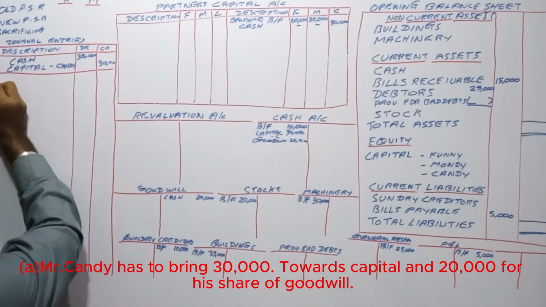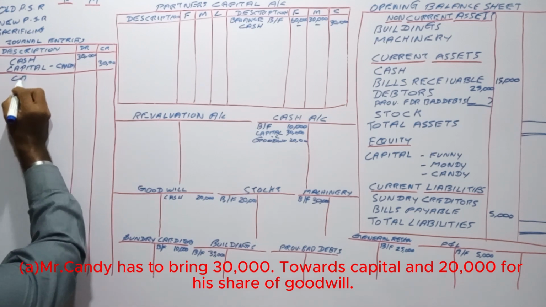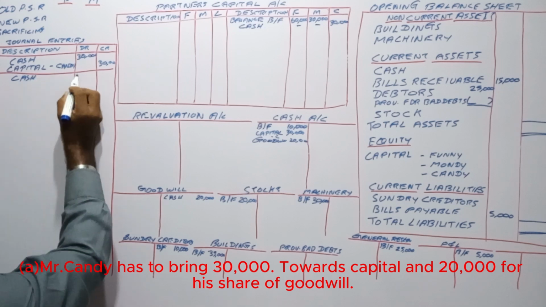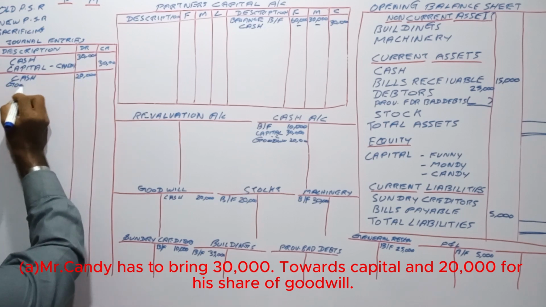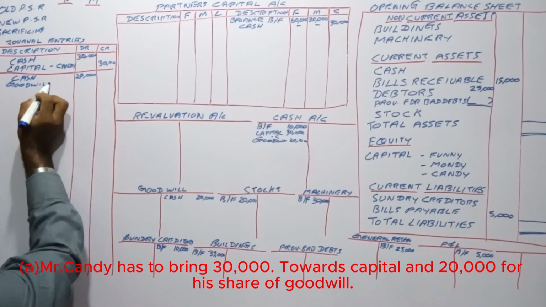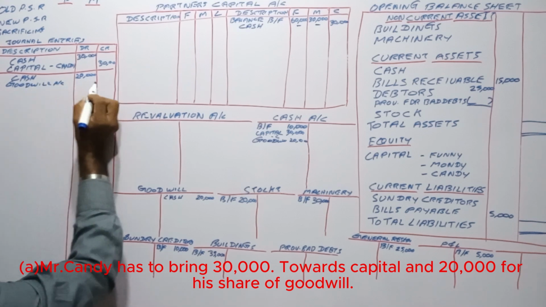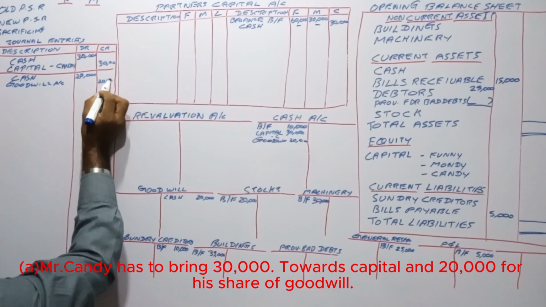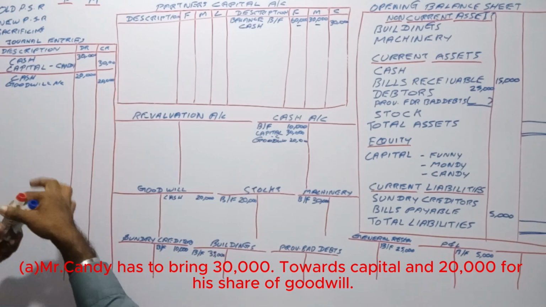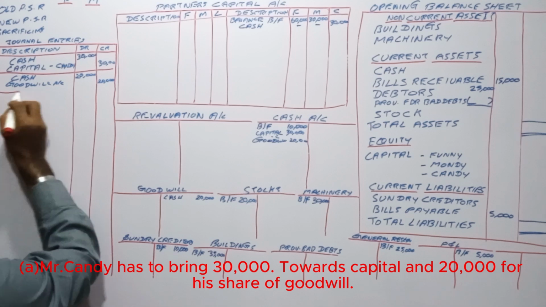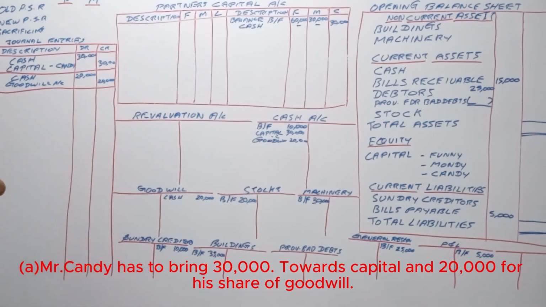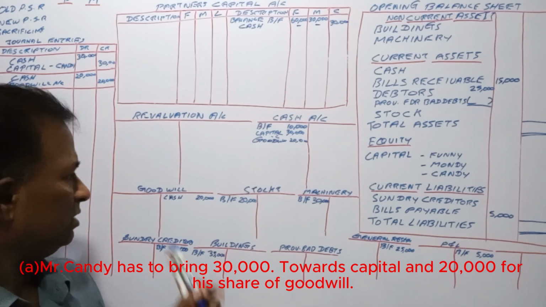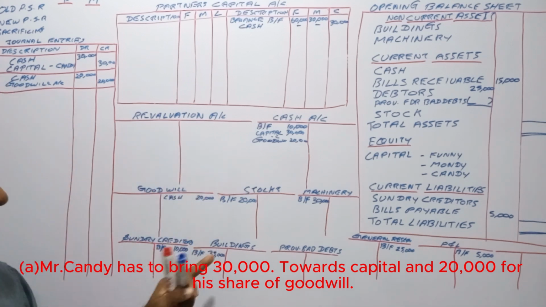So cash account debit 20,000 and goodwill account credit 20,000. That is the double entry for the goodwill.